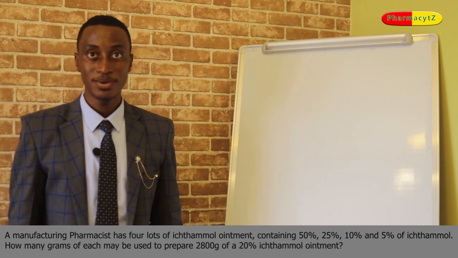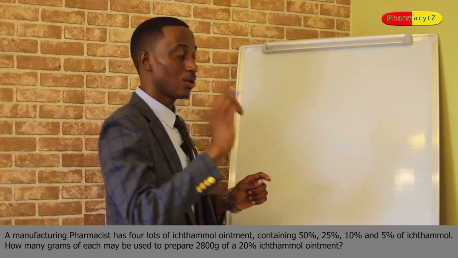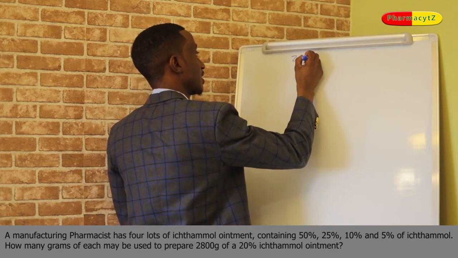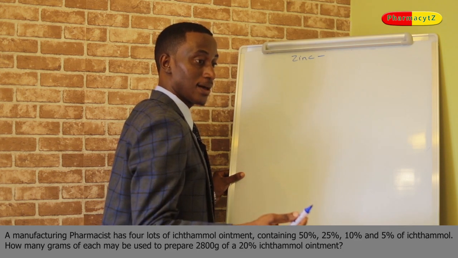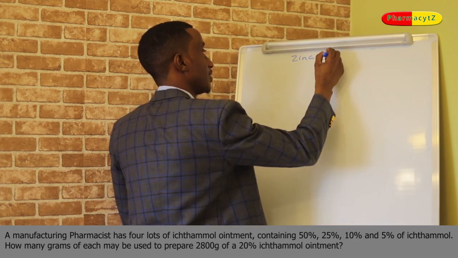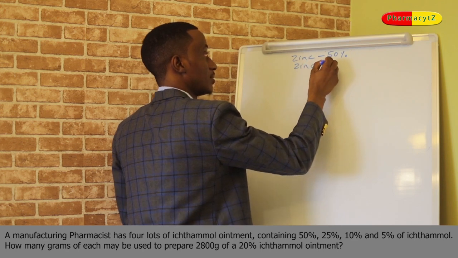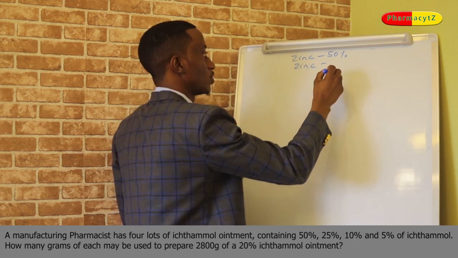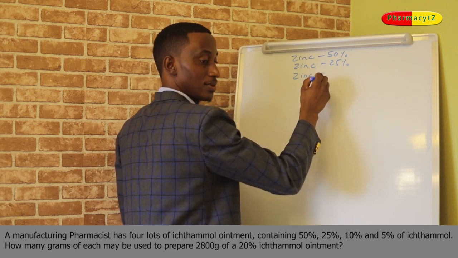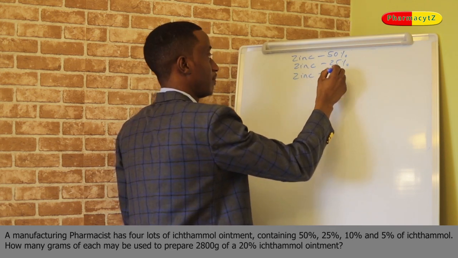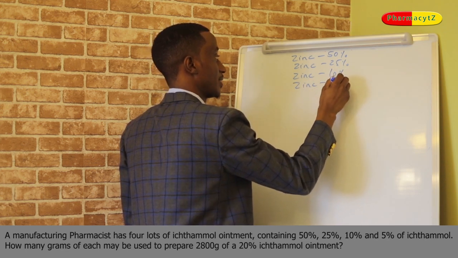This was a manufacturing pharmacist with 4 lots of zinc. So we have got 4 lots of zinc. There was a certain zinc ointment which had 50%. Then we had another zinc ointment which had got 25%. Then we had another zinc ointment with 10%. And the last zinc ointment with 5%.